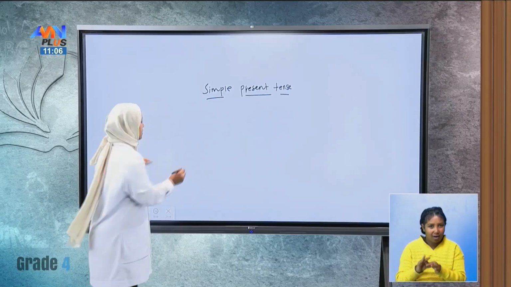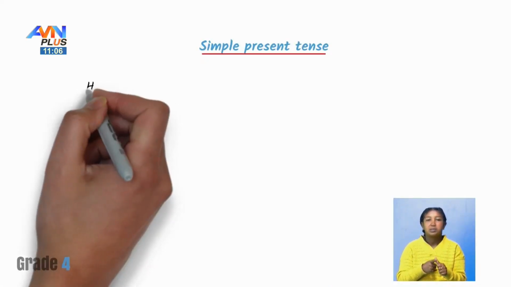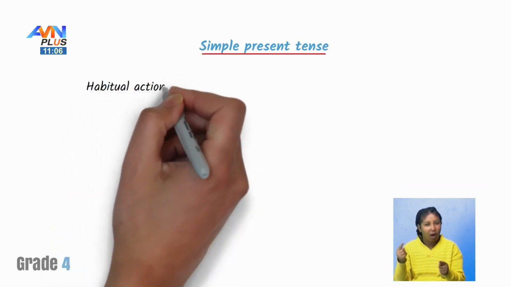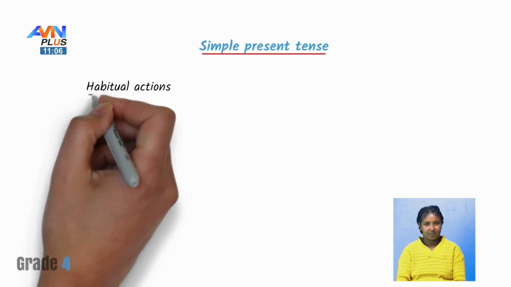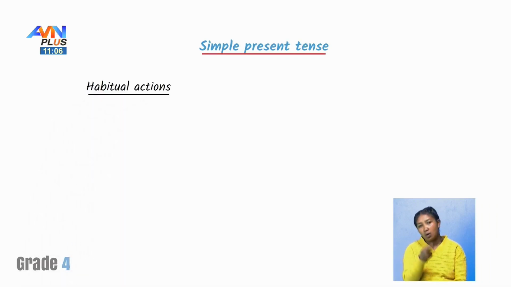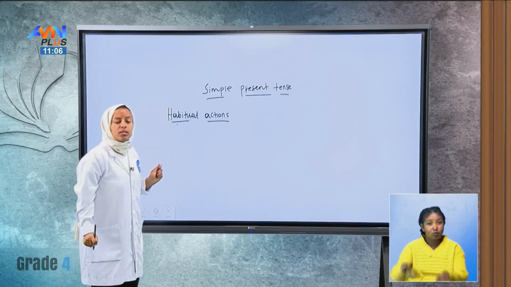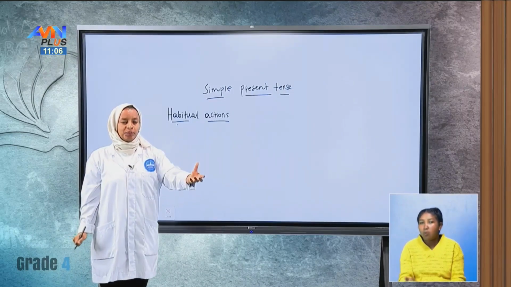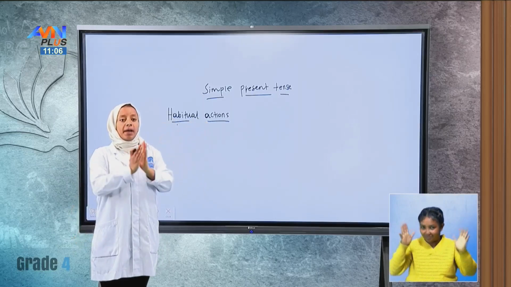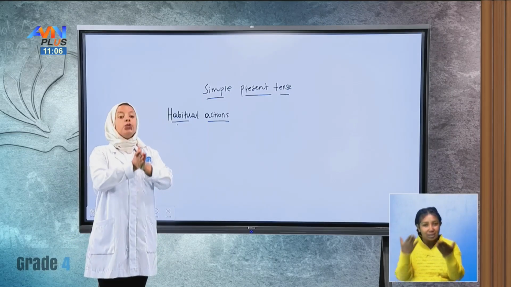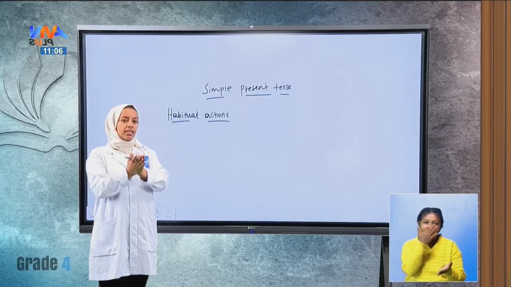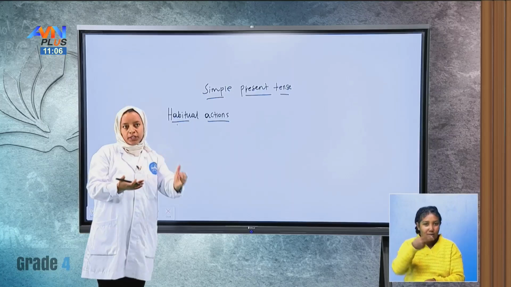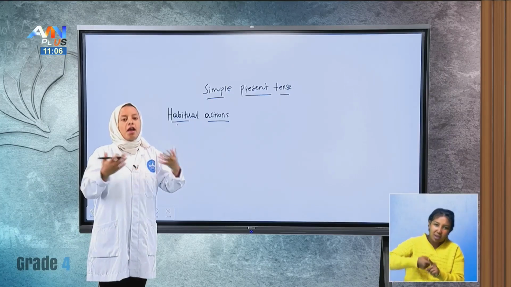The first one is called habitual actions, or also we can say habit. Students, do you know what a habit is? Bravo, students. A habit is your daily routine, the thing you are doing every day, or every week, or every month.